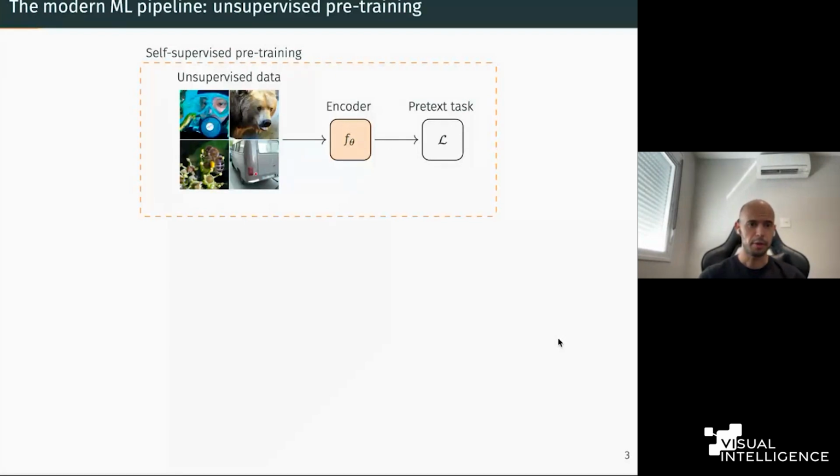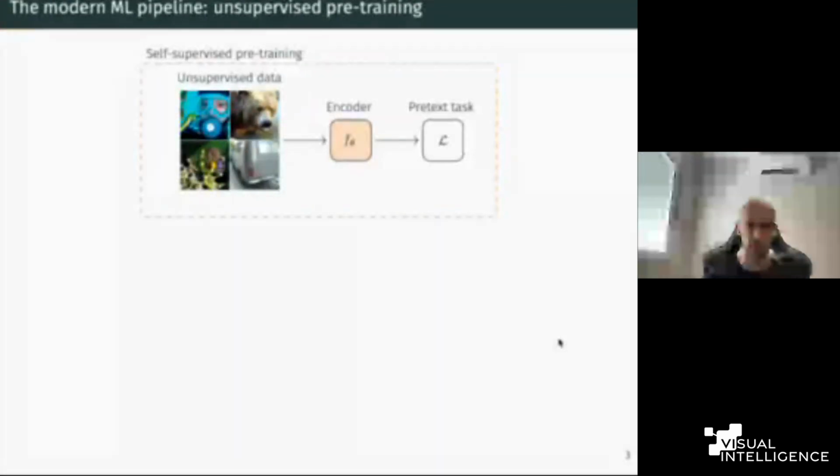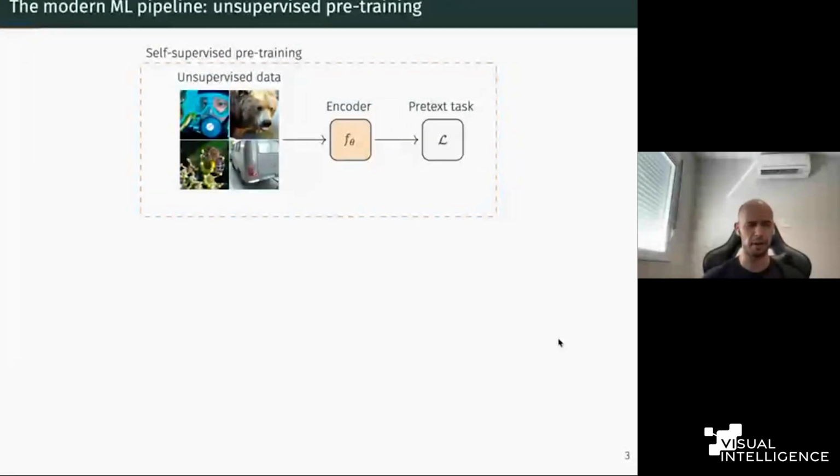So the modern pipeline of machine learning is very clear, and it's been implemented for quite a while already. For a number of years, let's say 3, 4, even more, we have this two-stage pipeline that most of the very large systems today follow. It is composed of a round of unsupervised or self-supervised pre-training. This is the round of training that is mostly costly, and also takes more time, more compute, more resources, more everything, basically more data.